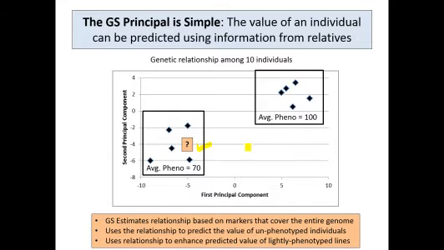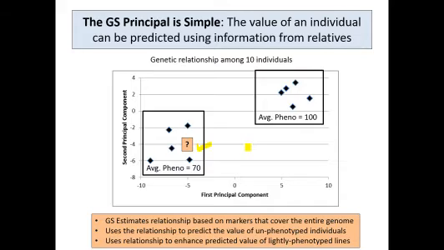So, genomic selection estimates the relationship based on markers that cover the entire genome. It uses this relationship to predict the value of unphenotyped individuals that have been genotyped. You can also use this relationship to enhance prediction of the value of individuals that have been only lightly phenotyped, for example, lines that enter your first stage of phenotyping in the field. They may be tested in one plot in one location, maybe one plot in two different locations.